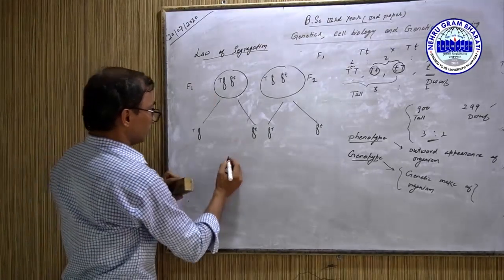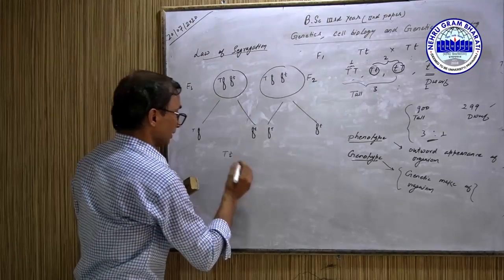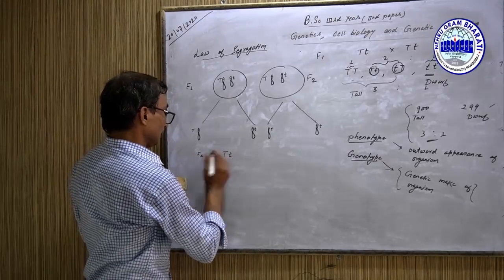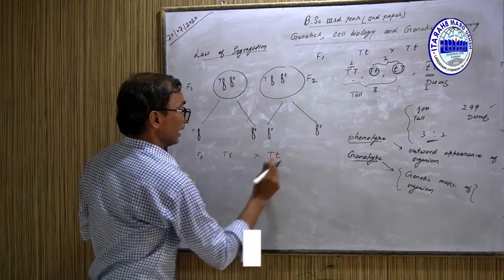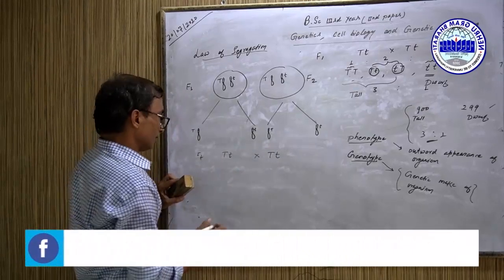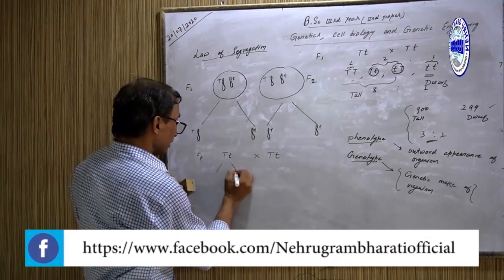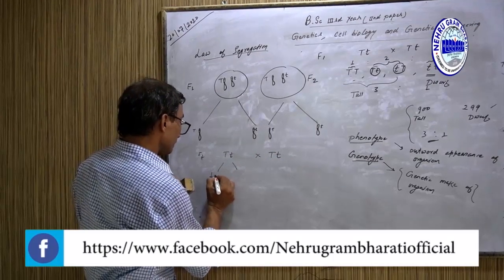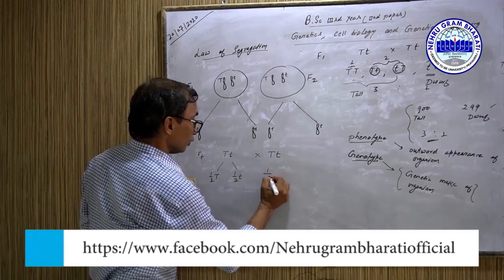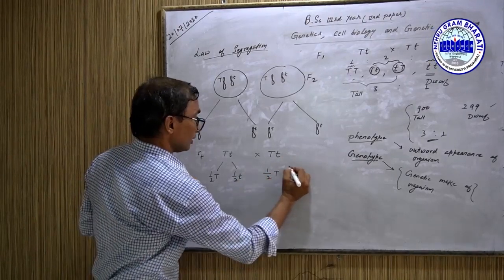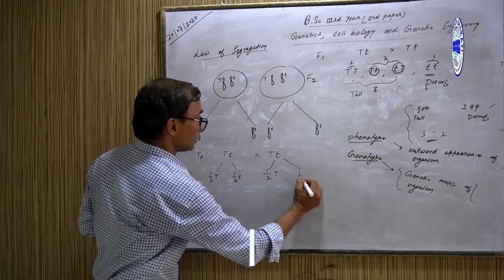Suppose you got this F1 parent and this F1 parent, and you self this with another similar parent. Then half is T and half is small t. Here also 1/2 is T and 1/2 is small t.